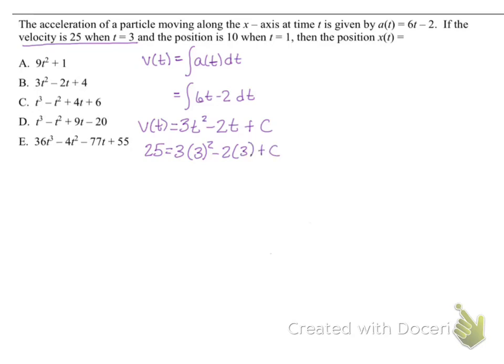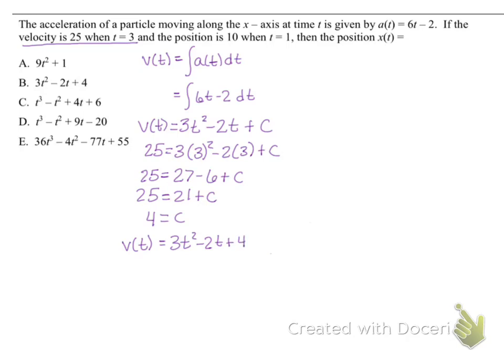Okay, so 3 squared is 9 times 3 is 27. So 25 is going to equal 27 minus 6 plus c. So 25 is going to equal 21 plus c. Subtract. C should equal 4. So v of t is equal to 3t squared minus 2t plus 4.